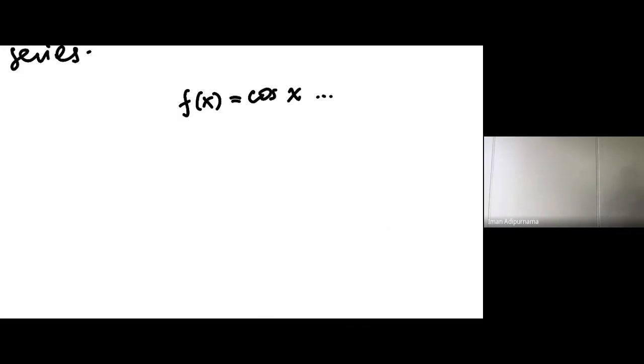But we can also think of cosine x as the derivative of sine x.